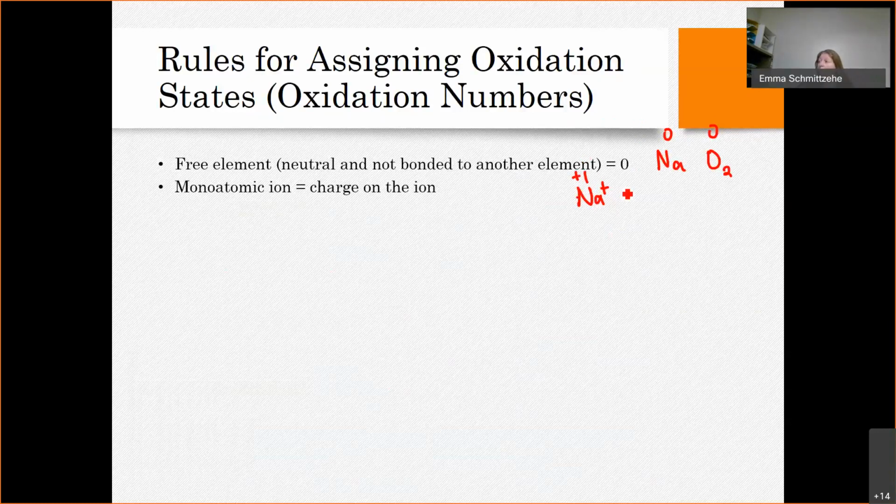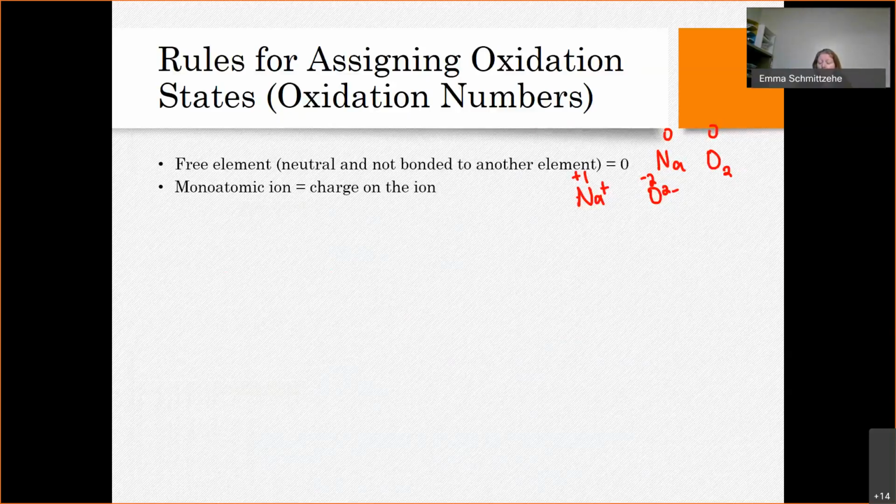Whereas oxygen can also form an ion. That would form the oxide ion, O2 minus. So if I had that in some chemical reaction, O2 minus, then its oxidation state is -2. Whereas if it's just O2, neutral oxygen, it's 0.